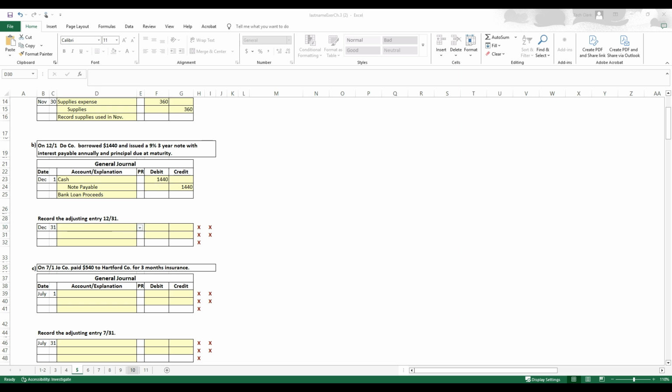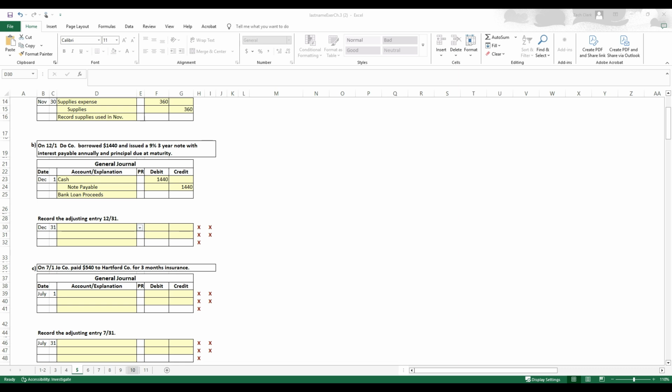So how we're going to do that is we're going to say the total balance of $1,440 times 9%, and I get that equaling $129.60 per year, annually. So 9% times 1,440 is $129.60 of interest expense per year. That's the cost to borrow this money.